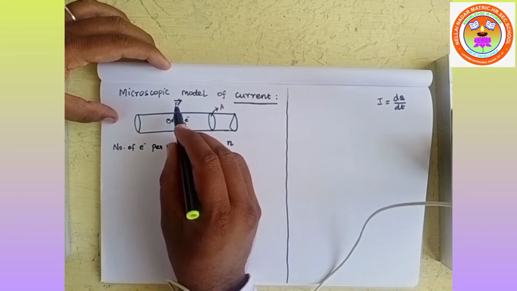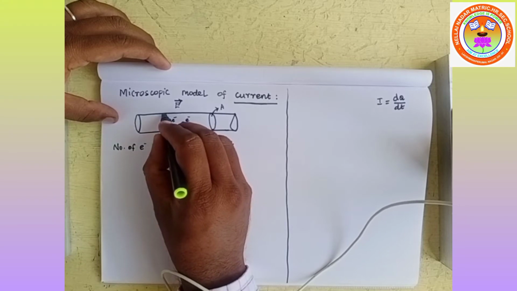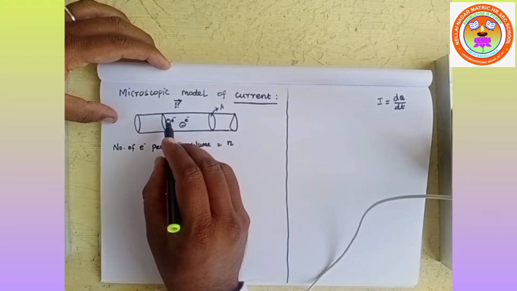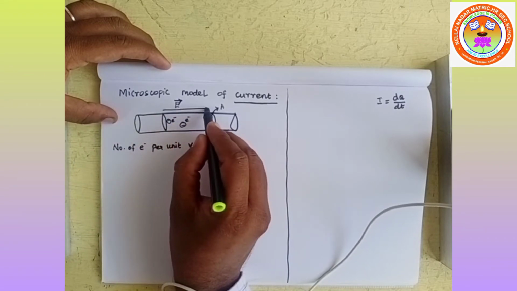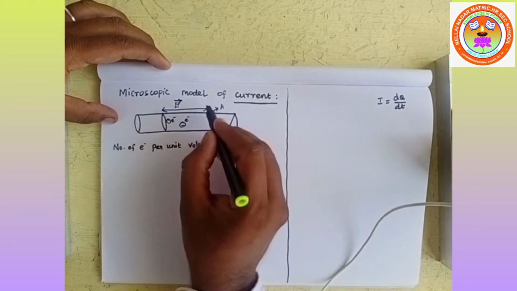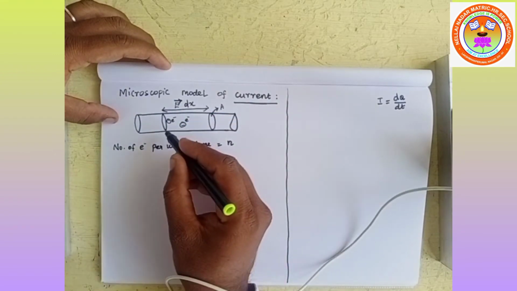So when the electric field is applied, the electrons move from one place to another due to the force experienced. Here they move from this point to this point, covering a distance dx.